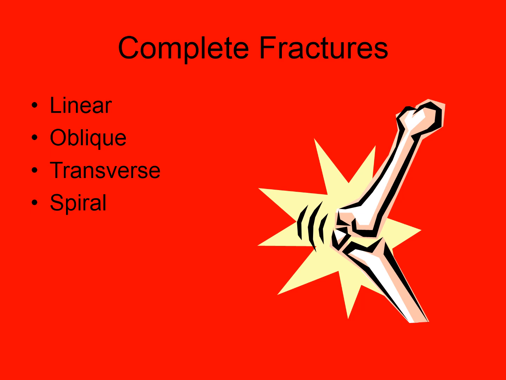So complete fractures can be linear, oblique, transverse, or spiral, right? Again, a complete fracture is where the bone completely separates by a break into two parts. A linear fracture is a fracture parallel to the long axis of the bone, versus oblique, where the fracture line is at a 45-degree angle to the long axis of the bone, so the break extends in an oblique direction.